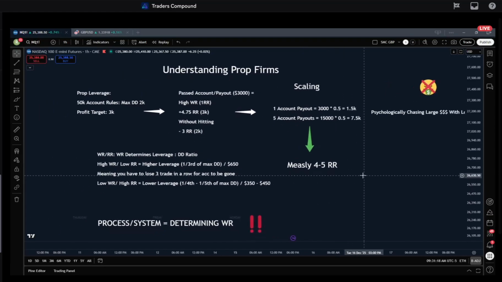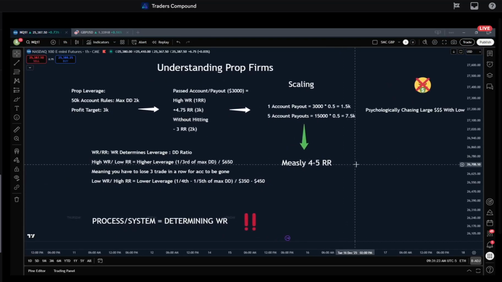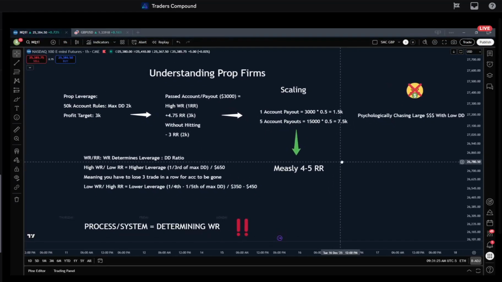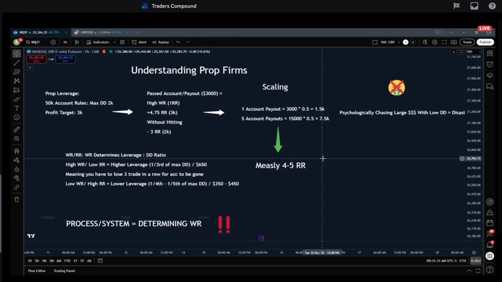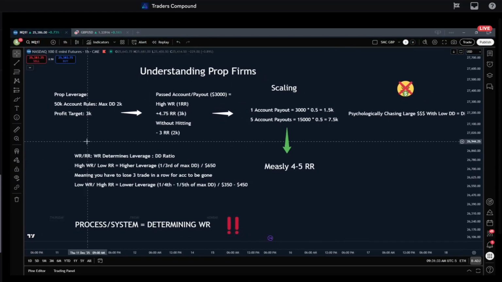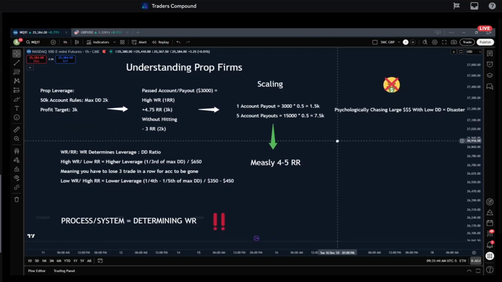First of all, we have to understand that the key takeaway of prop firms is that they're leverage. That's all they are. As a retail trader, it allows us to have access to higher trading leverage and higher capital. Not all of us have a couple grand to toss into brokerage accounts to play with. Not all of us have accounts that can trade 3 mini contracts on a futures brokerage.